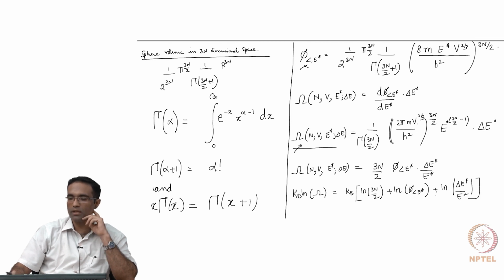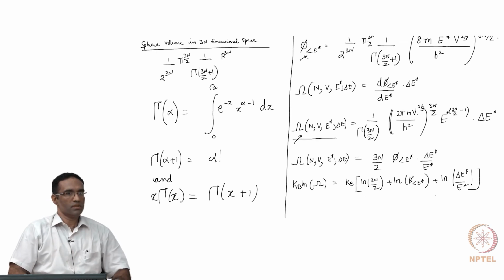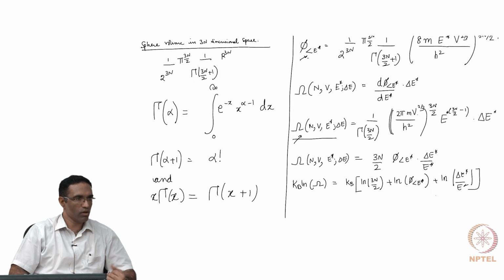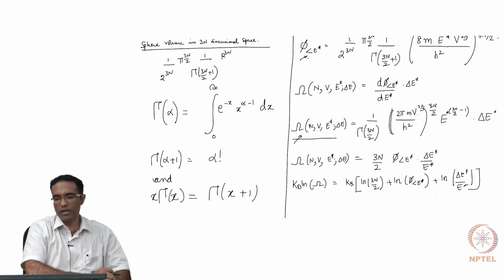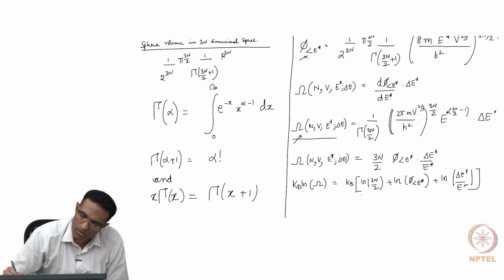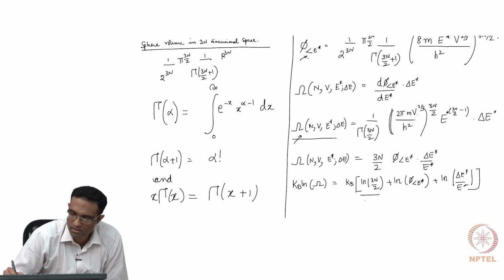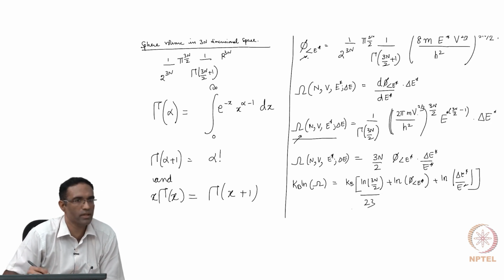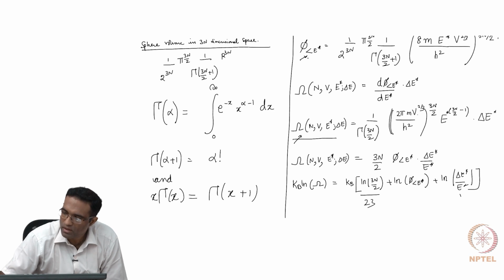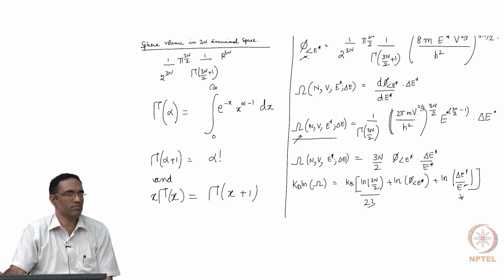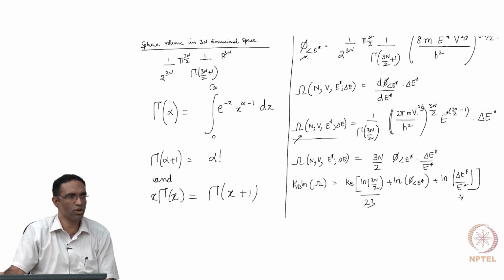What can you say about this expression? Which of the three terms on the right hand side is actually going to be important to us? So N, what is N in the order of for an ideal gas? Maybe in the order of 10 to the power 23. So this term is going to be in the order of 23 or something like that. This term is the ratio of energies, so it's going to be a very small quantity and not very significant.